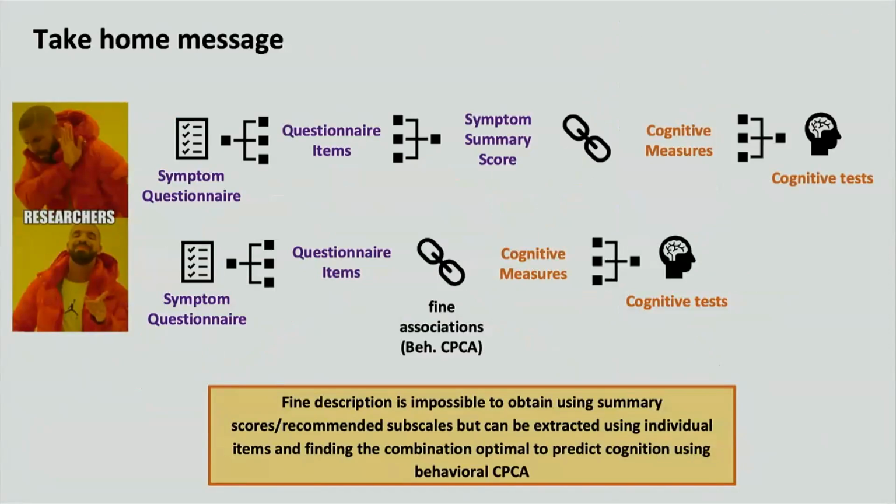The main message is that if you want to compare any 2 sets of variables, and one set happens to have symptom questionnaire items, it is better to consider all the questionnaire items and not do a summary score, because by considering all the items, you get these very fine level associations, which are impossible to get when you are using only a summary score.